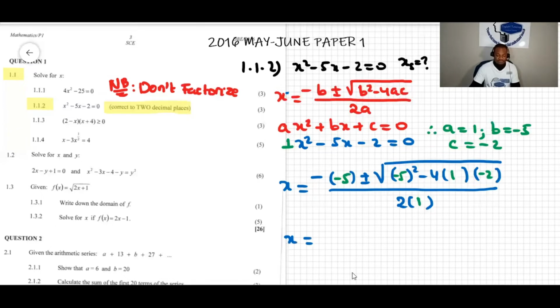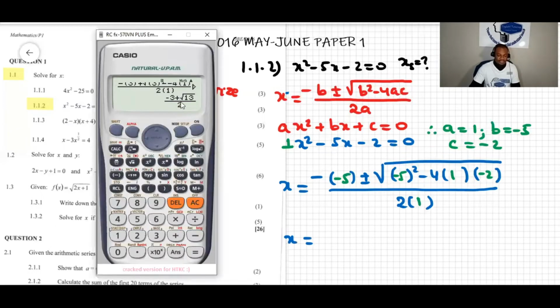I'm going to use my calculator over here. If I want to use my calculator, I can just press that button. And then I already have the quadratic formula in here. So minus b is 5. Okay, in the calculator, I cannot press plus or minus. I want to work out the root with the positive over here.